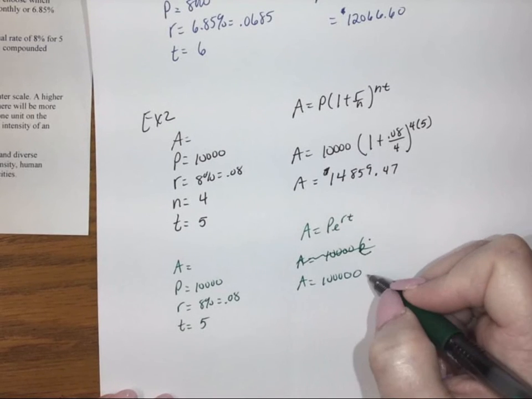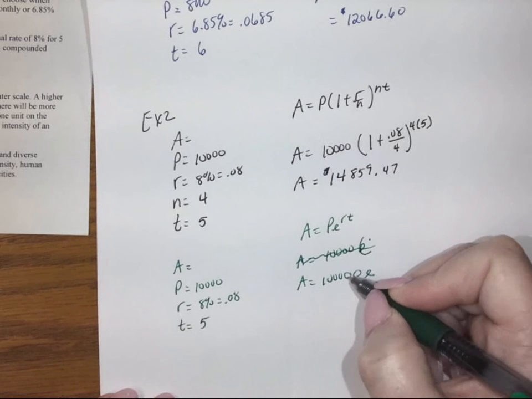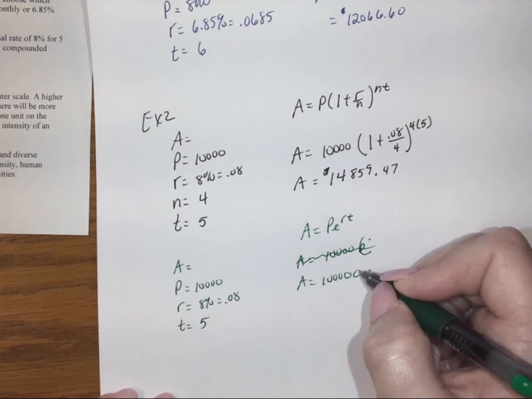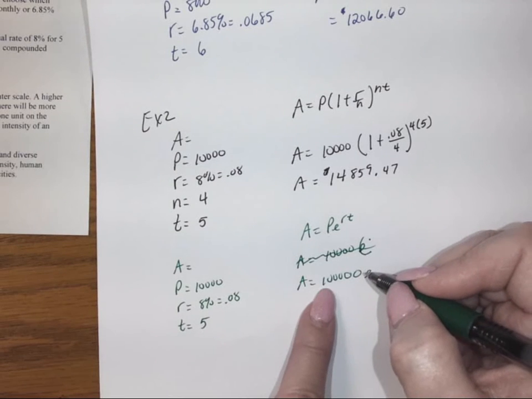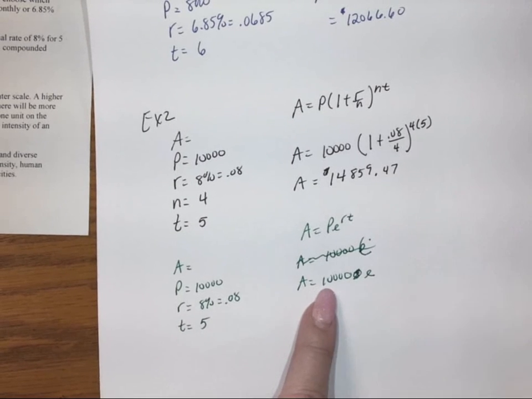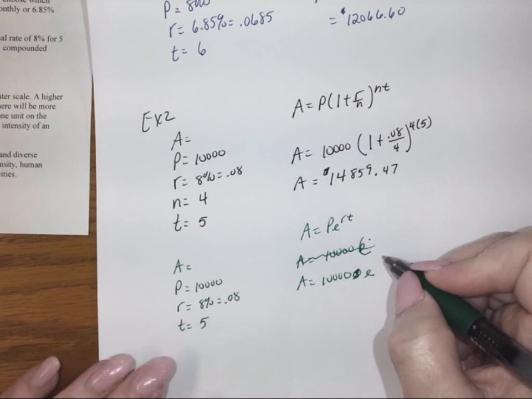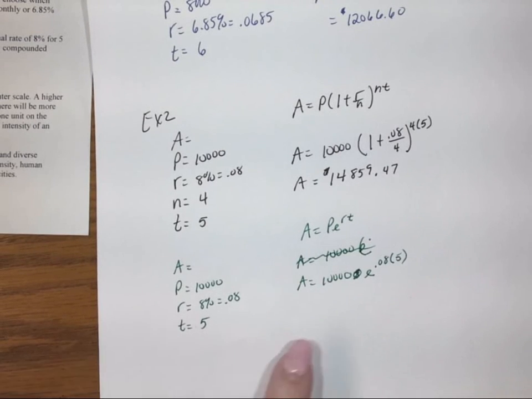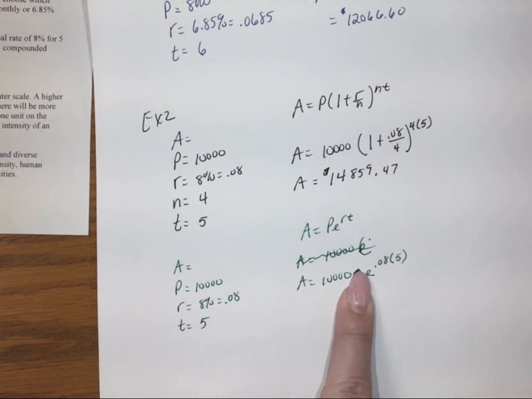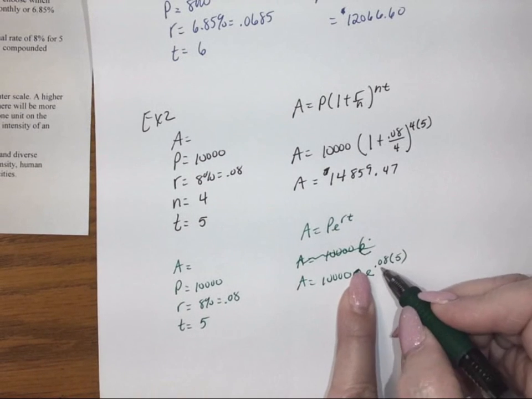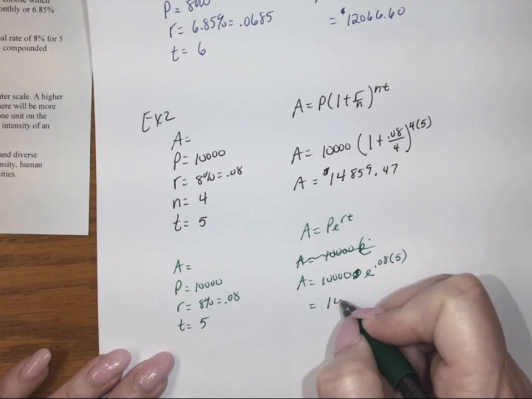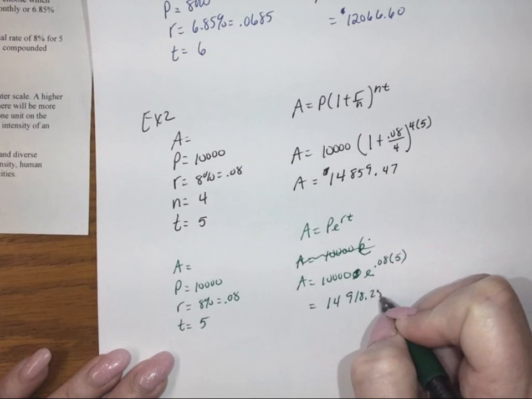We don't need a parenthesis for this. And we have too many zeros. All right, so we'll cross that one out. So 10,000 e to the 0.08 times 5. Make sure you pay attention to your zeros. And when you put that in the calculator, you will get 14,918.25.